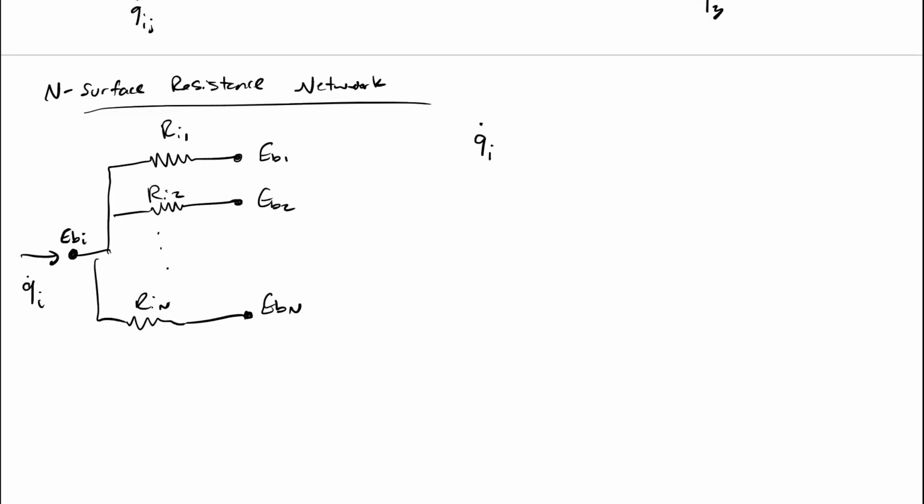So to account for that, I want to say Q dot I is going to be AI times the view factor from I to J, but actually AI is going to be common among all those things. So let's just write out AI first.